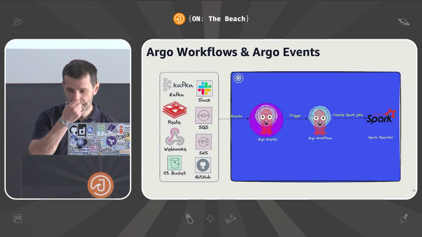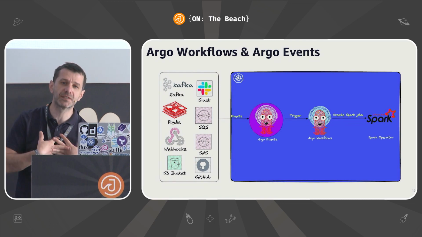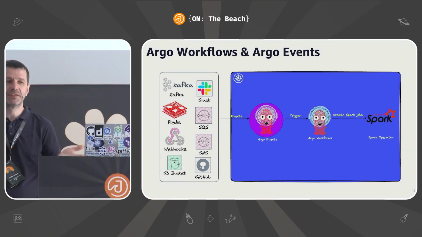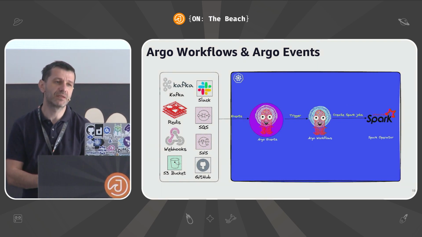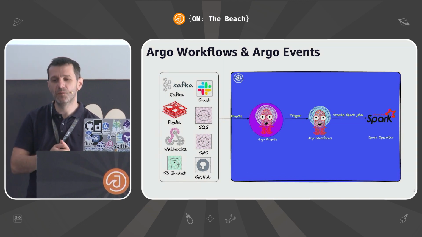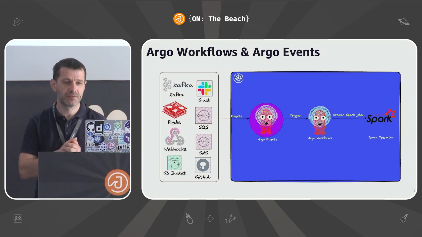Okay, so we took the main pieces, Kubernetes and Spark, and everything you need to do. But in order to create an event-driven framework, I want to talk slightly about Argo Workflows and Argo Events that we're going to use in our projects.